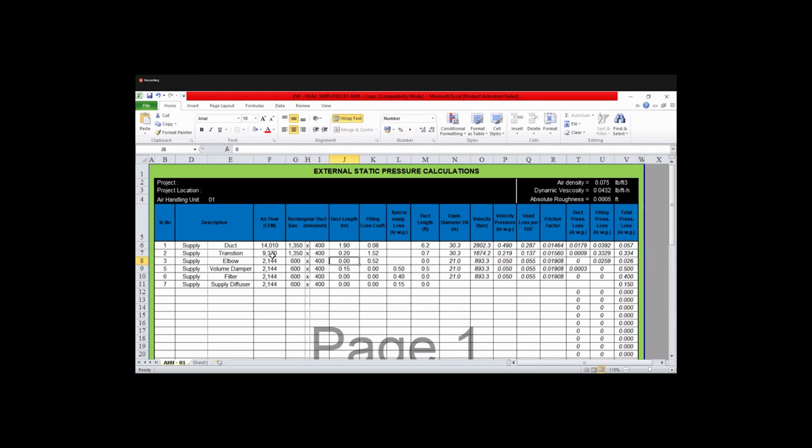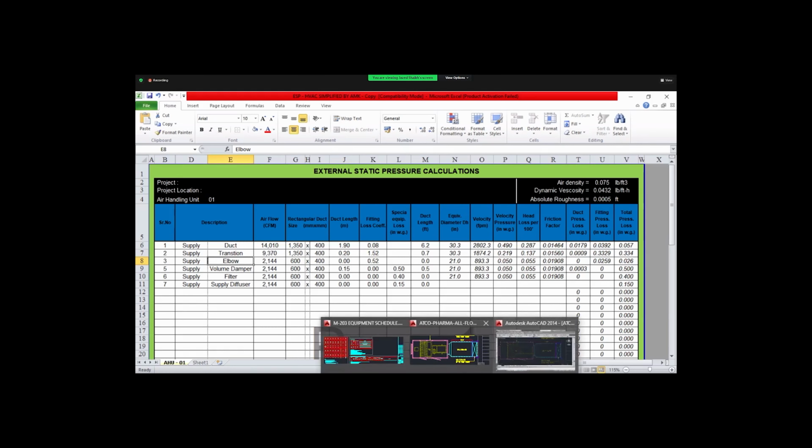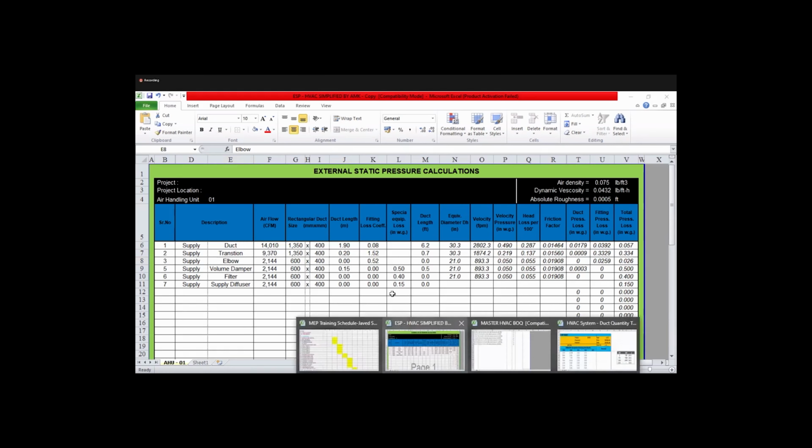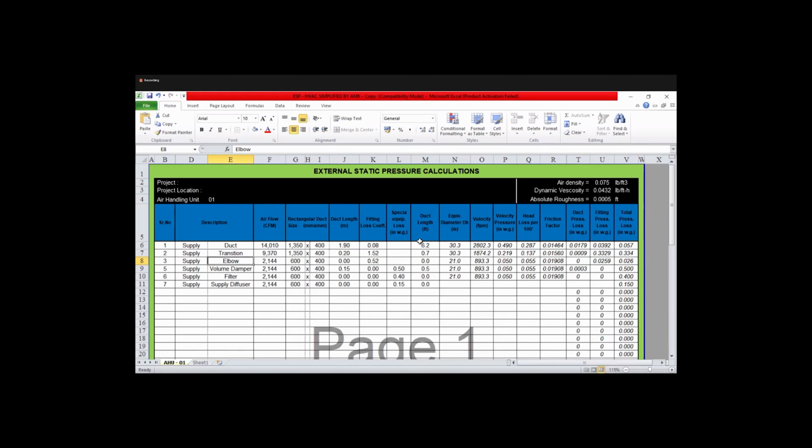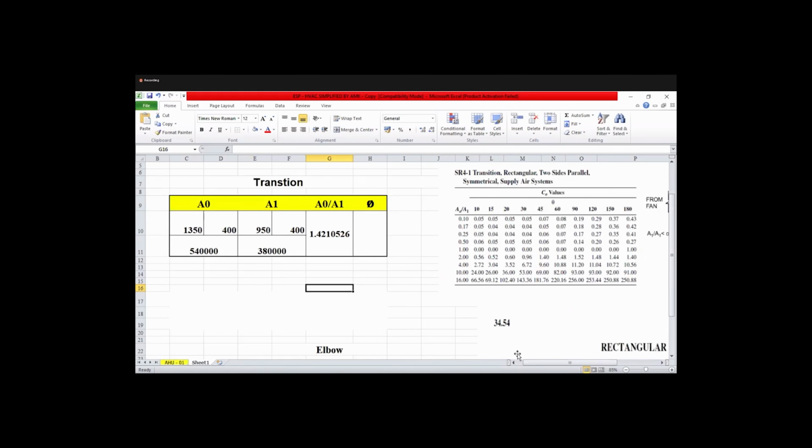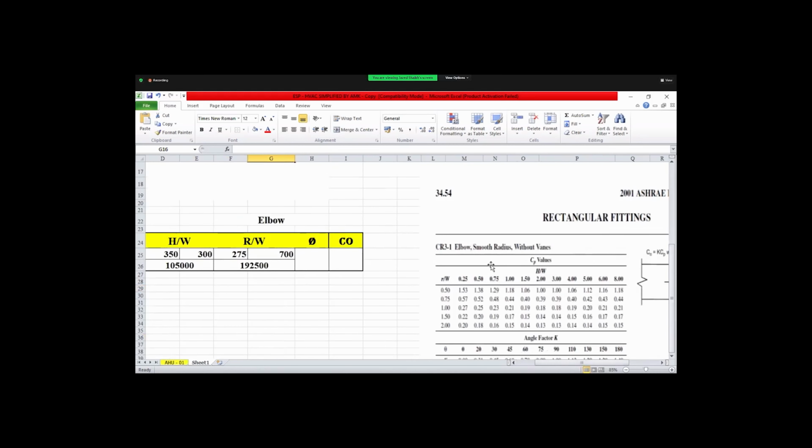So this is how we have to calculate for straight duct, transition duct, and elbow. So how to consider for elbow? Elbow also we have to go with the ASHRAE. So as per our sheet, as per ASHRAE, what the ASHRAE tells. So here is our ASHRAE.